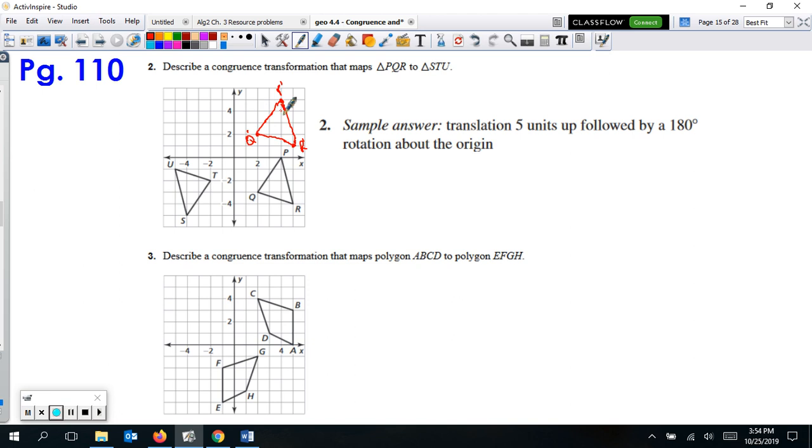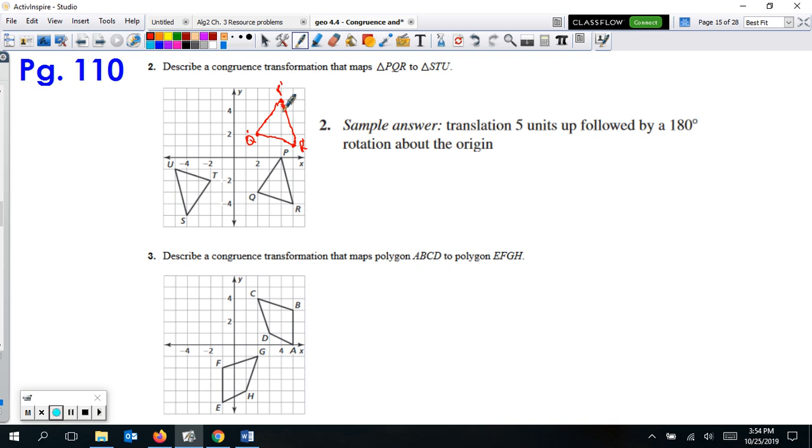And then if I do a 180-degree rotation about the origin, we're going to basically just change all of the points to their opposites. So if we think about where this P prime is, that's going to be over here at 4 and 5. So 4, 5, if I change both of those to their opposites, that's the rule that we learned for rotation of 180 degrees.